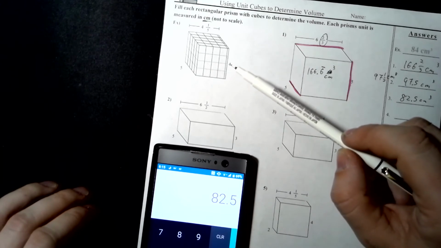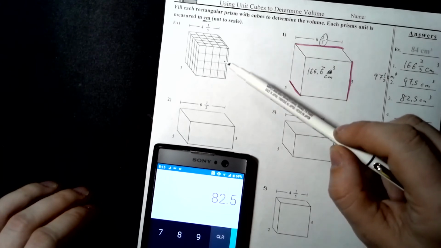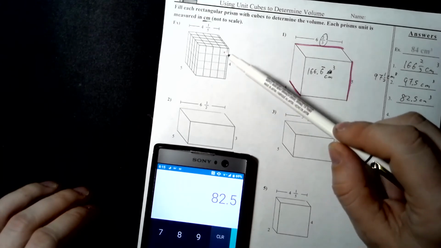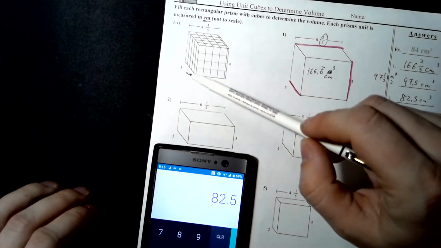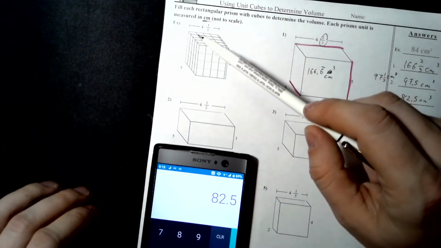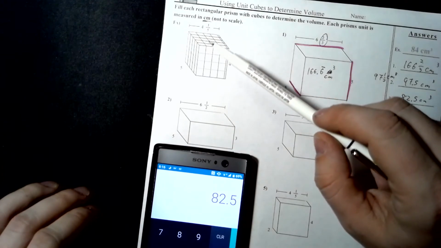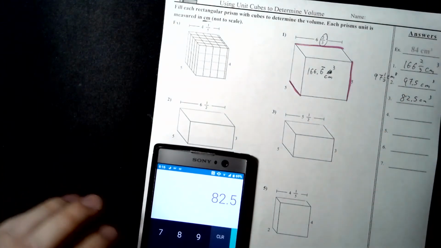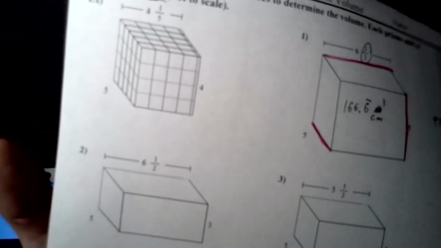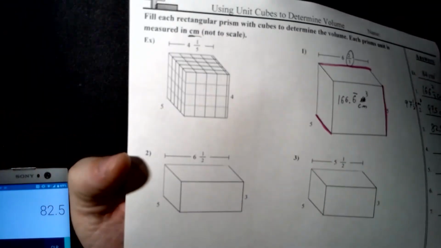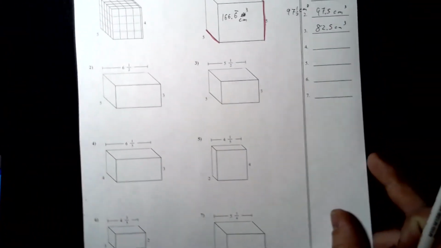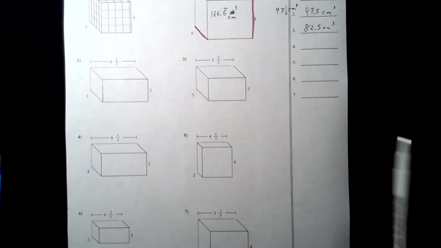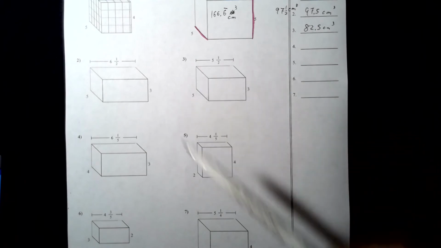For example, they've got 4 as the height, so they drew and sectioned 4 cubes high, 5 deep, and then they did 4 1/5. They actually cut this. It's rather hard to see with the light I have, but they actually did sections inside of those cubes. And that's not showing up too well. Oh well. I'll show you what they meant in number 3.